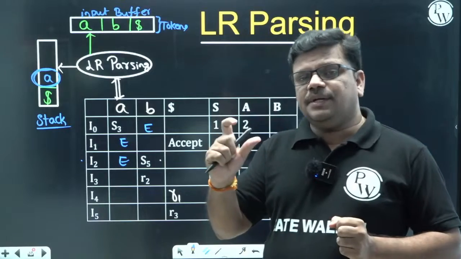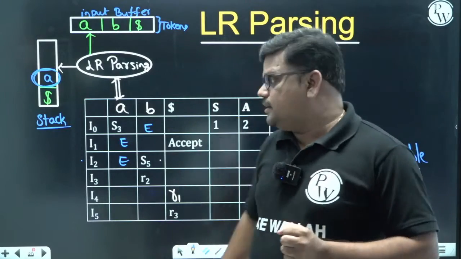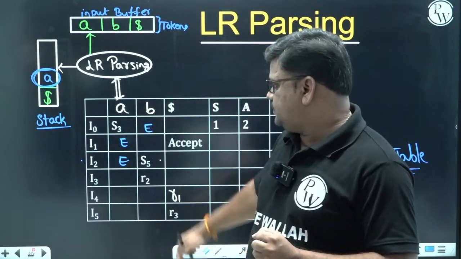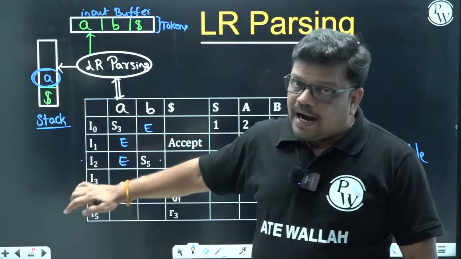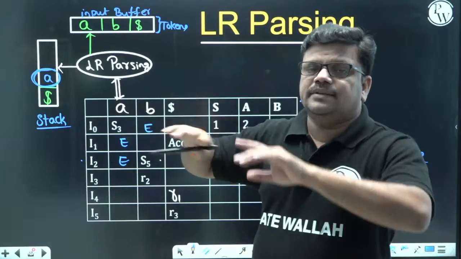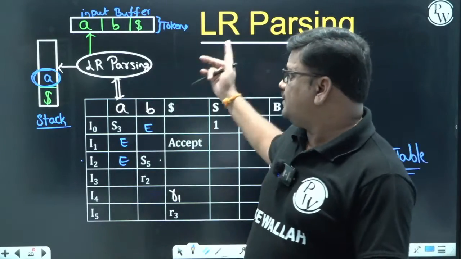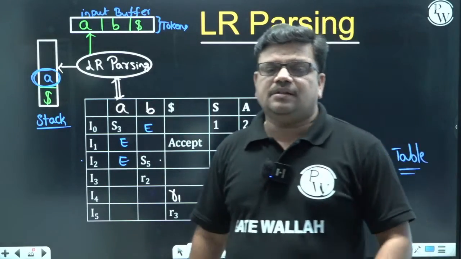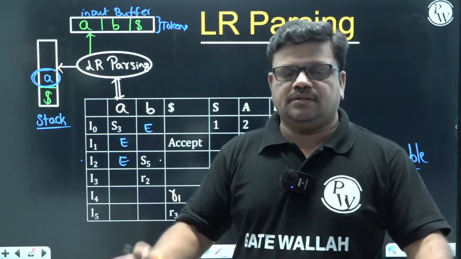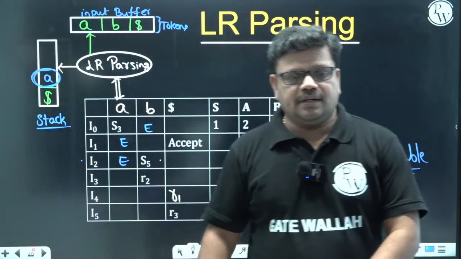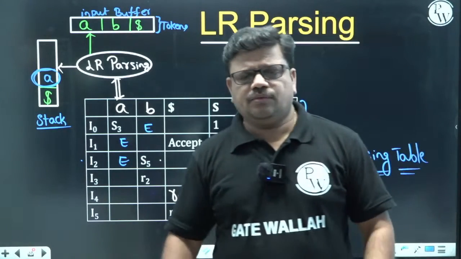That decision is given by this table. That's why attaching these tables to the shift reduce parser, this whole structure is called an LR parser. So an LR parser is simply a shift reduce parser with a table to take decisions regarding shift and reduce. That's what LR parsing is.